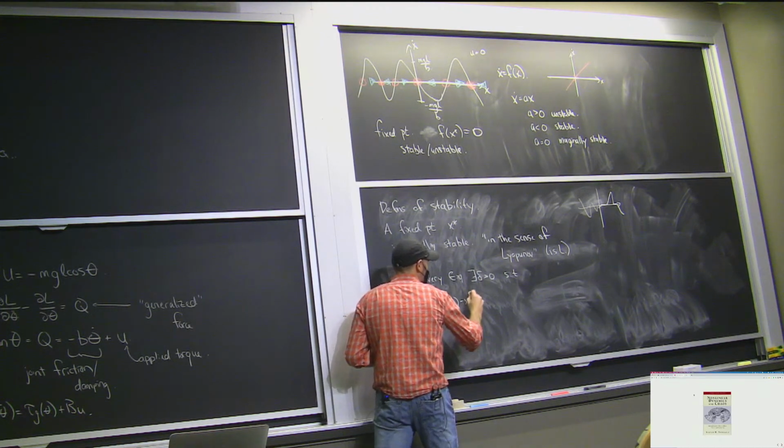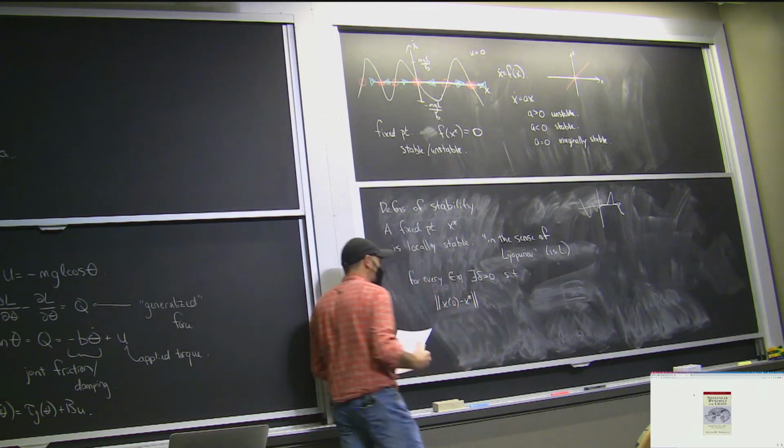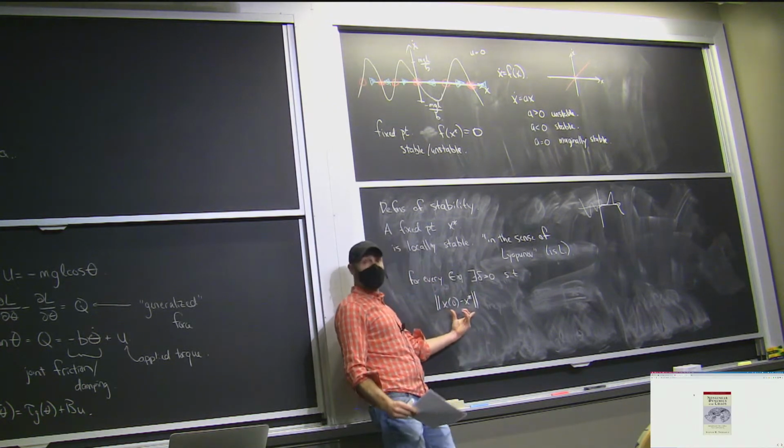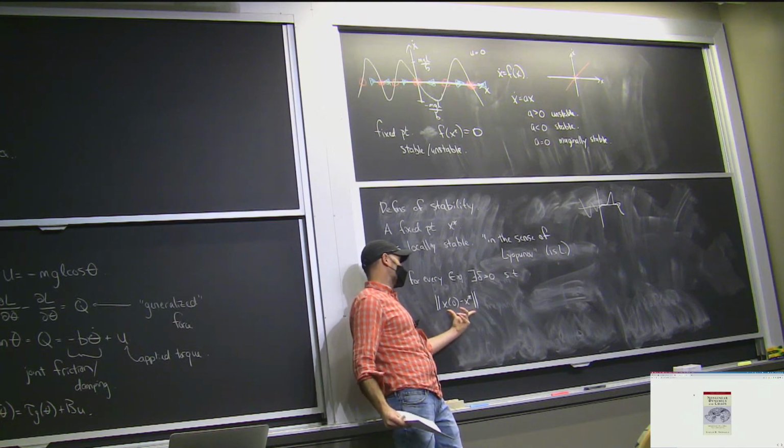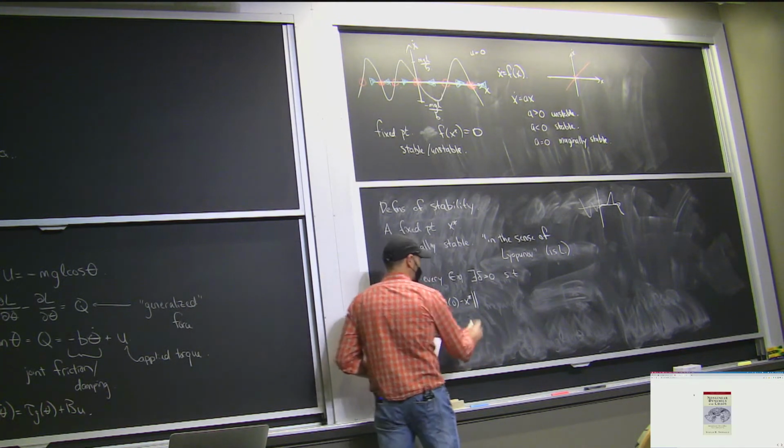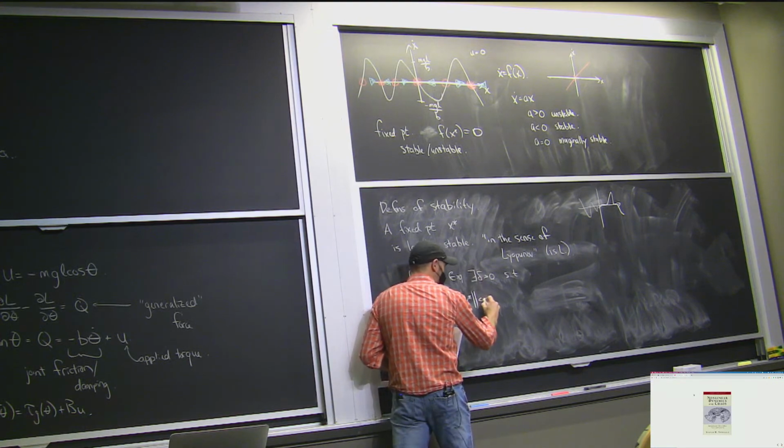if x0, if the distance in some norm, you can think of it as just the actual Euclidean distance for today, that's fine. The norm, you could write this in any norm, okay.